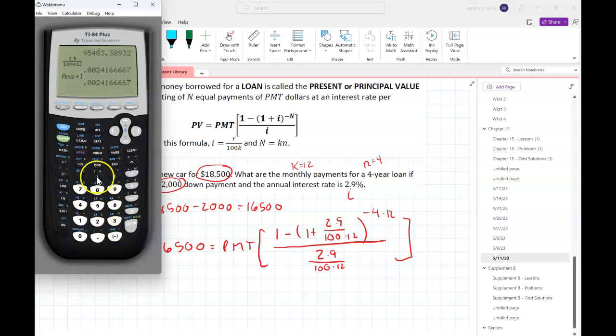And then I'm going to do 1 minus (1 plus I) to the negative 4 times 12, over I. And I'm going to do then 16,500 divided by that answer.